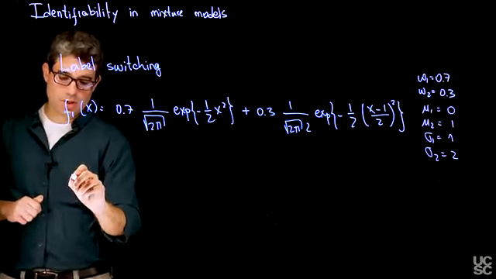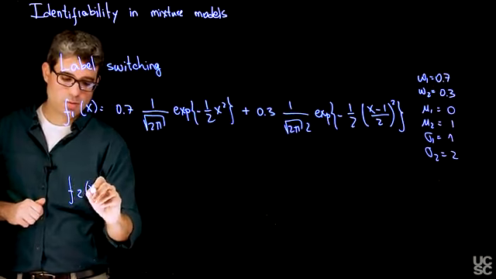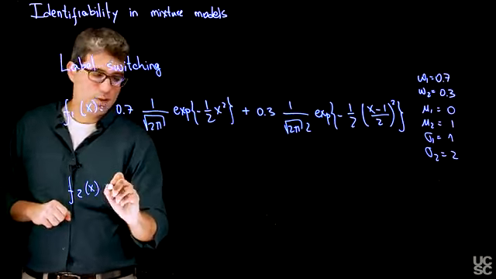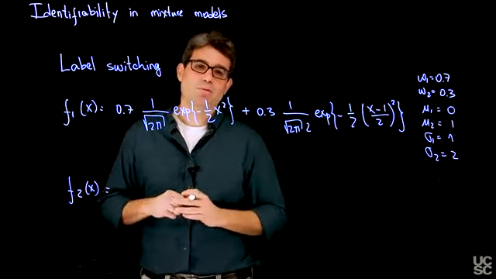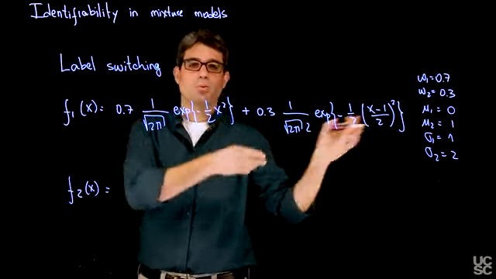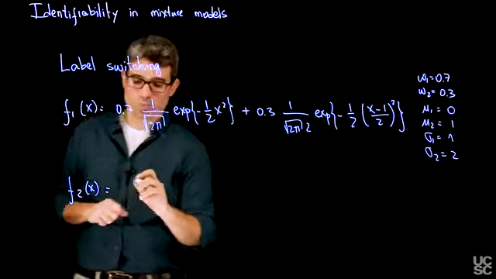Now, I could write a second mixture, f2 of x, that is essentially the same expression that I have up here, but I'm just going to flip what I'm calling component 1 and what I'm calling component 2.